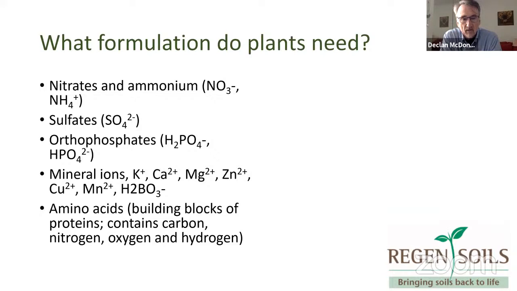So if we apply nitrogen, we need to apply nitrogen either in the nitrate or ammonium form, or in forms that will convert to nitrates and ammonium. I'm generalizing a little bit here, because if we apply urea, plants can take up a certain amount of urea in an unamended form, but most of the urea will get converted to ammonium and nitrates before plants take it up.